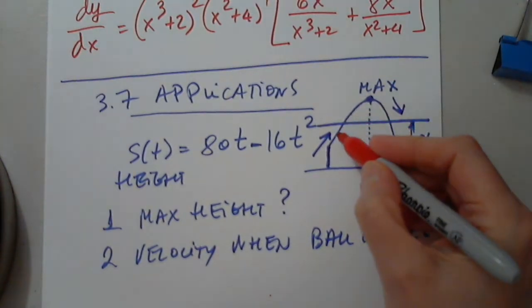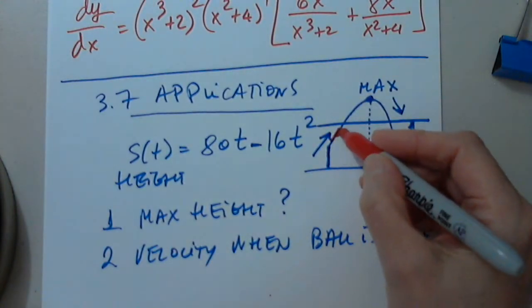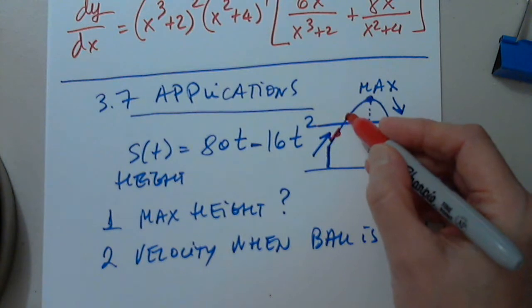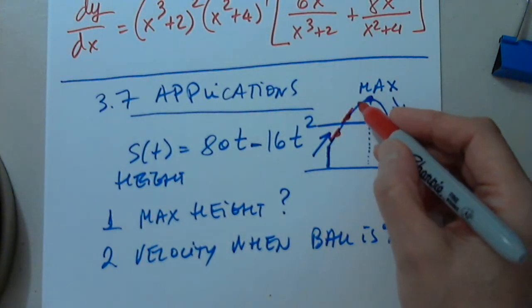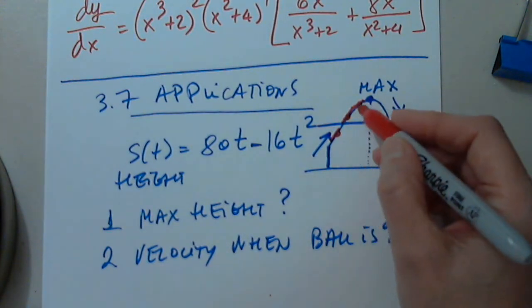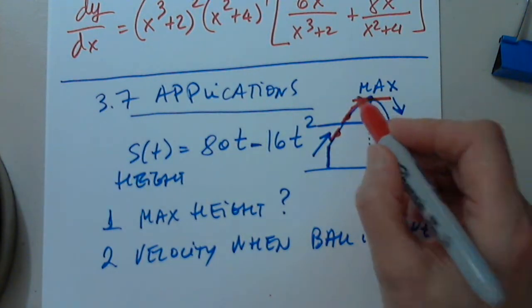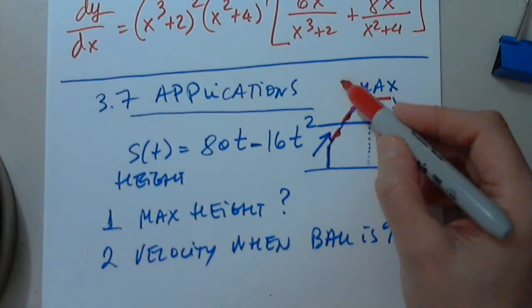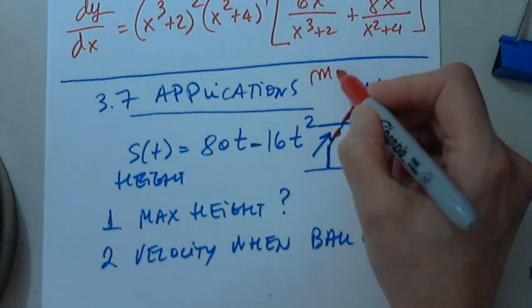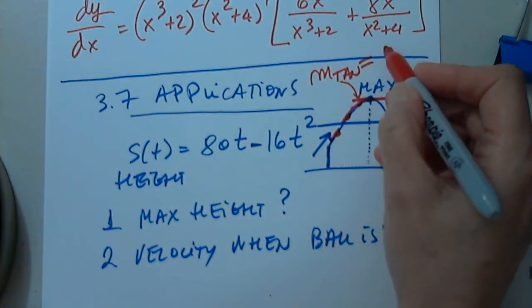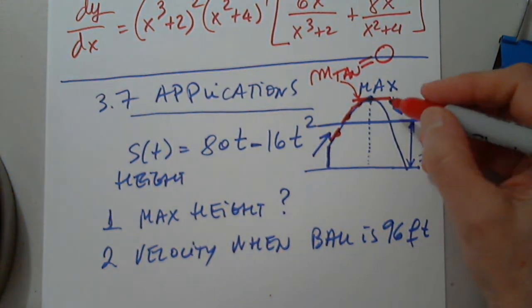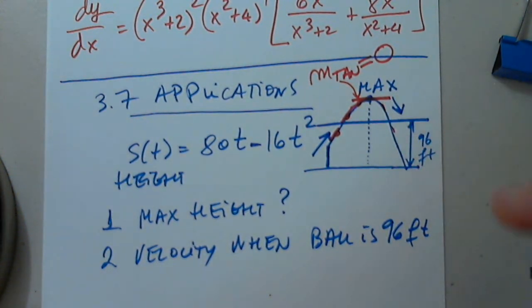Obviously, the slope of the tangent line here is positive, here is positive, here is positive, smaller and smaller. What is the slope of the tangent line at the maximum? 0. Yes, slope of the tangent here is 0. And then it's negative and it's negative, and so on.